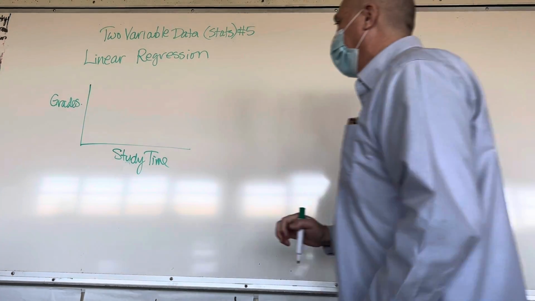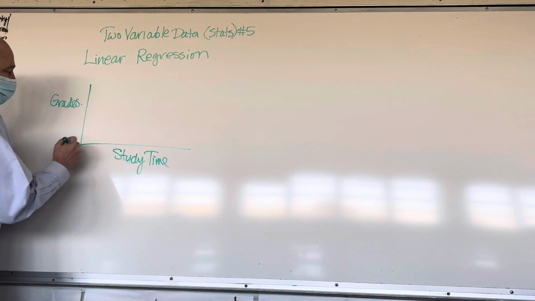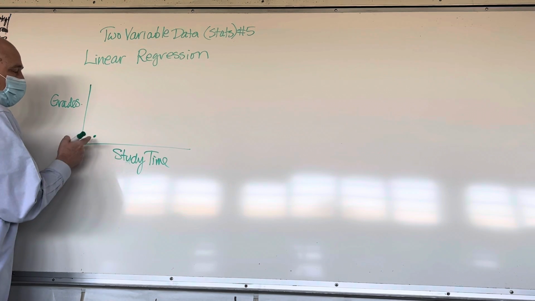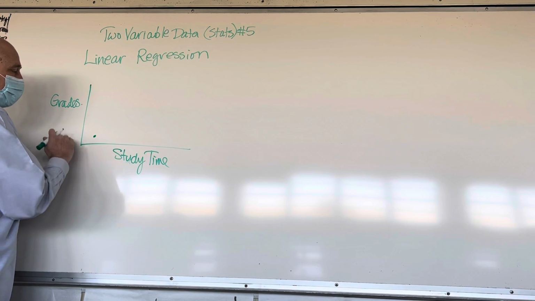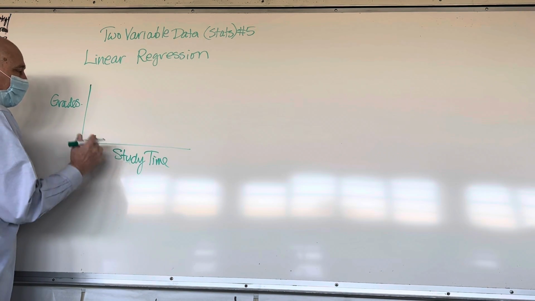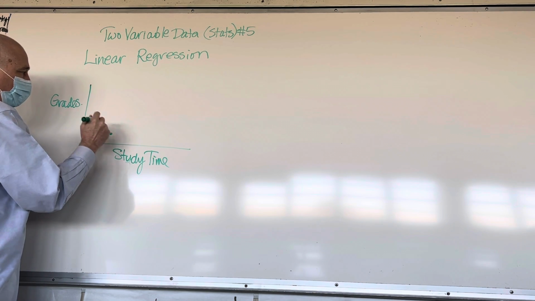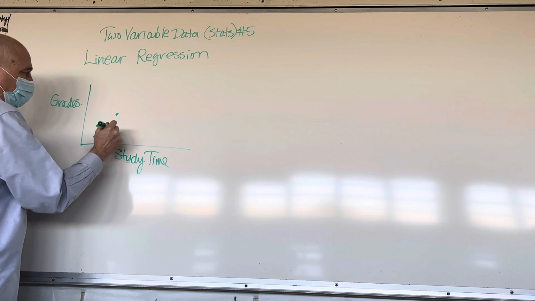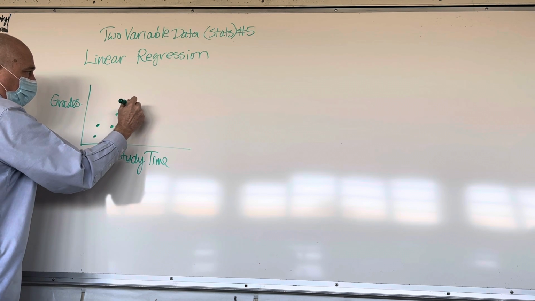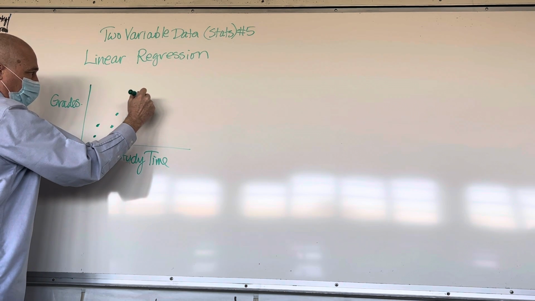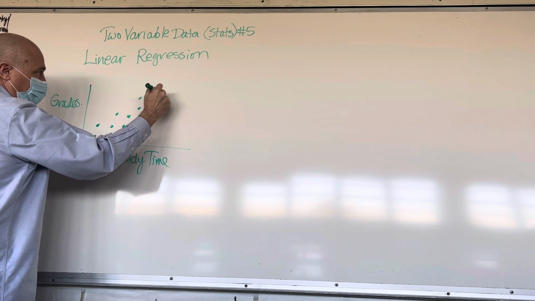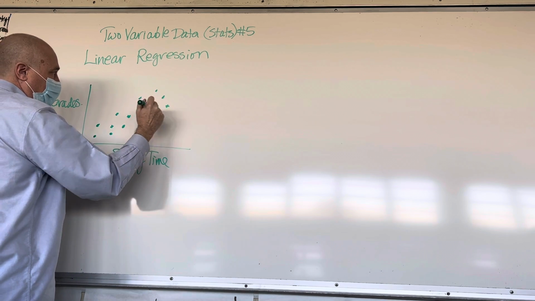And let's look at the data. Let's say that this is a data point, right? That's one student, that's how much time they spent, that's what grades they got, right? Let's say there's other data here. This is another student, another student, another student, and so on.